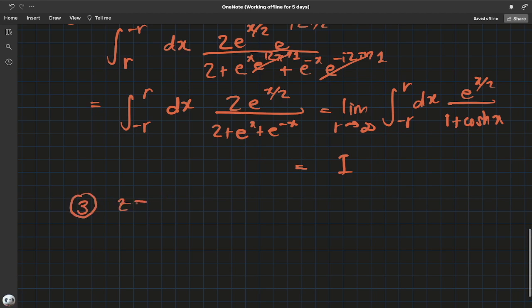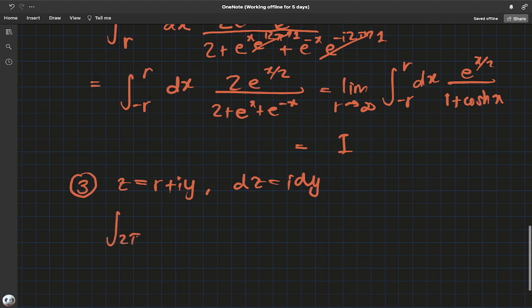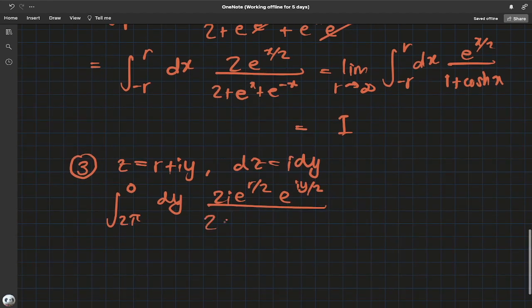the process is not so different from 1, because dz is i dy again, and instead we have 2 pi to 0, dy, 2i e raised to r over 2, e raised to i y over 2, divided by 2 plus e raised to r e raised to i y, plus e raised to negative r e raised to negative i y.